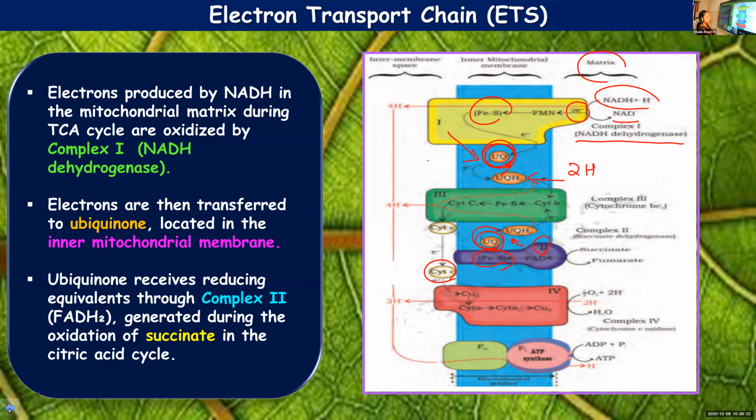When succinate is getting converted into fumarate, one molecule of FADH2 is released, and FADH2 will release its electrons and get oxidized to FAD.